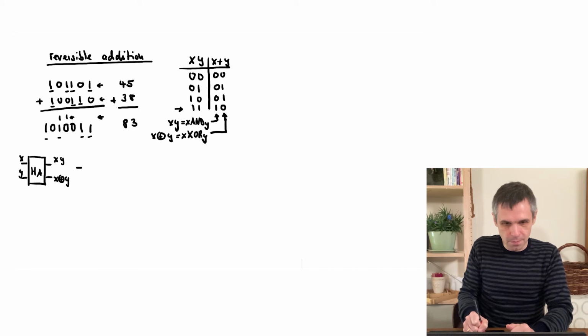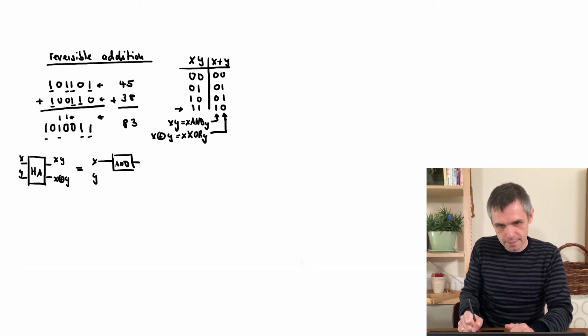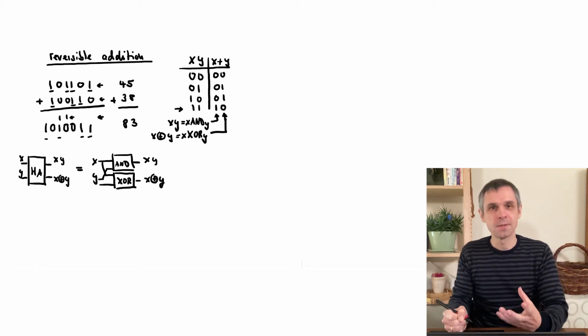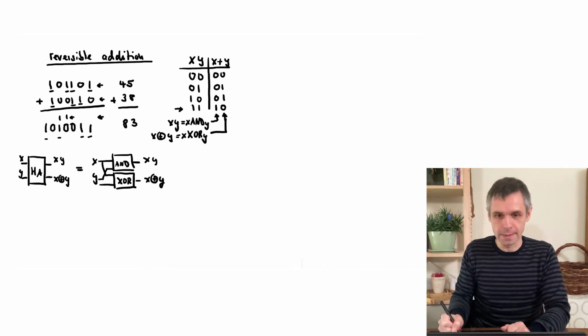And in terms of elementary gates, this then can be achieved by feeding x and y into an AND gate to obtain x times y, or into an XOR gate to obtain x plus y modulo 2. So this is all that we need to add these 2 bits.